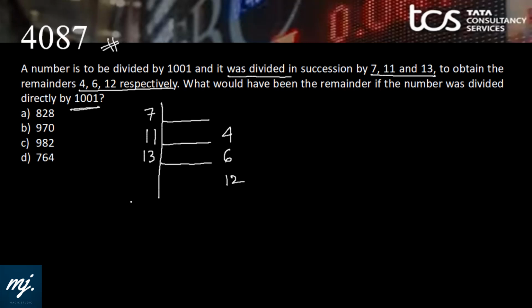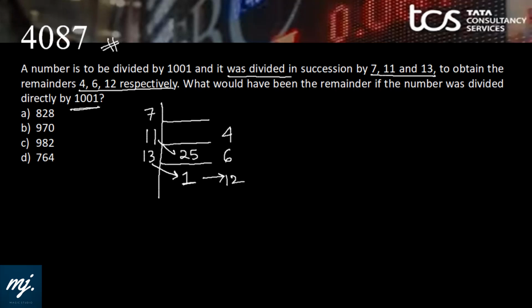To get the smallest of such numbers, we solve this backward. And how? Let the smallest quotient we can get here be 1. Then what should be the value of this? That is 13 into 1, 13 plus 12, that is 25. And now you can see, when 25 is divided by 13, you get quotient 1 and remainder 12.